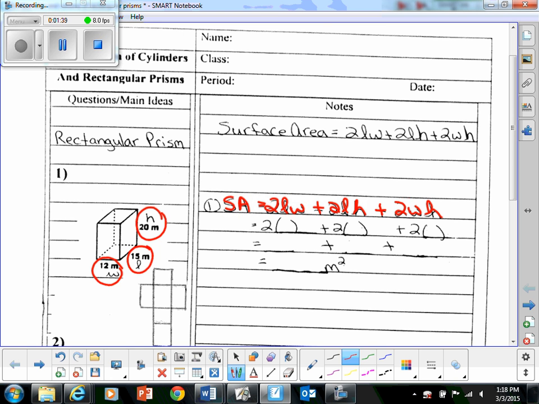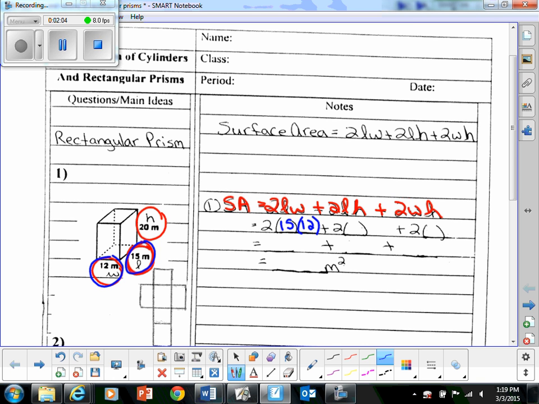So we want to go ahead and fill our numbers into the formula. So we've got 2 times the length. And I'm looking over here, and I have the length labeled as 15. So I'm going to write 15 in here. And now I have to write in the width, and the width is 12. So I've got 2 times 15 times 12.